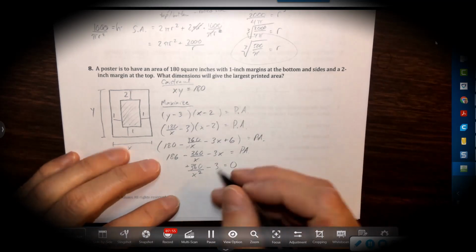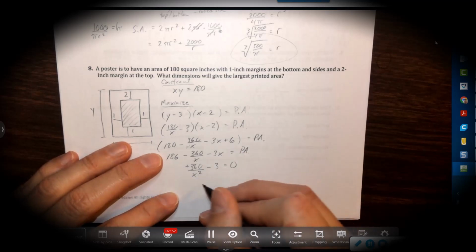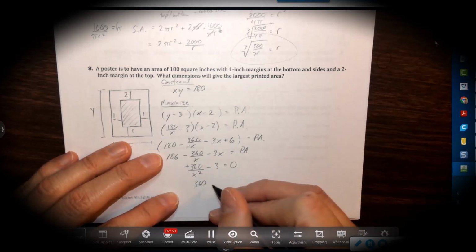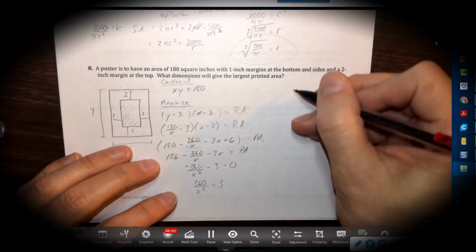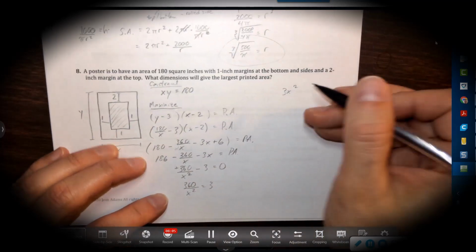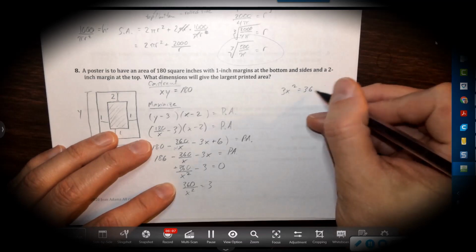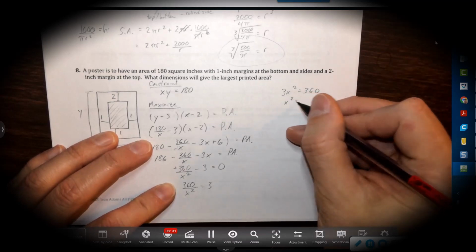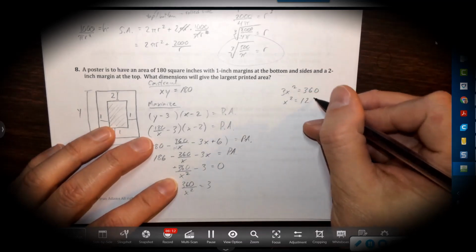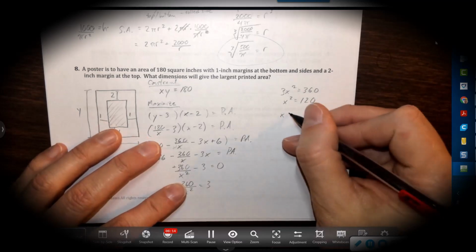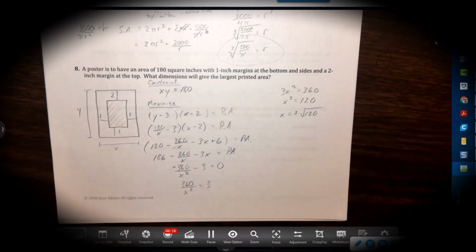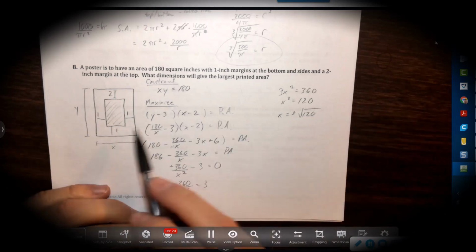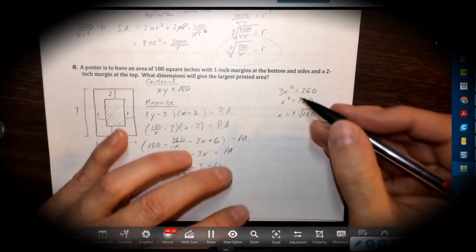I'm going to move the 3 over to the other side. I'm going to cross multiply. So now we got 3x squared equals 360, so x squared equals 360 divided by 3. That's 120. Take the square root of 120. Technically it should be positive and negative, but we're not going to care about the negative version because x should not be negative.